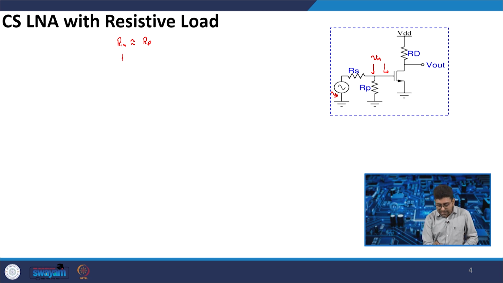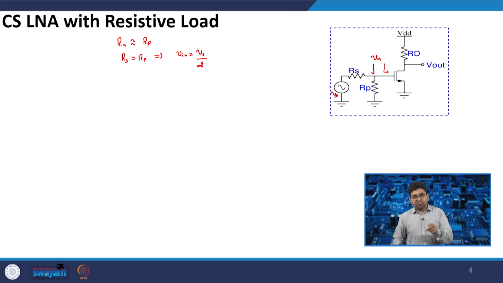If Rs is equal to Rp, that leads to Vin equal to Vs by 2.